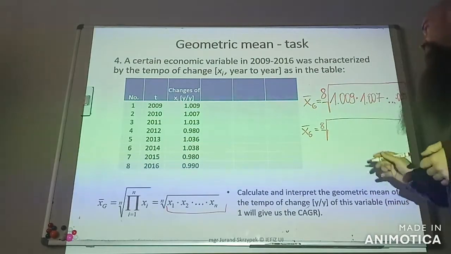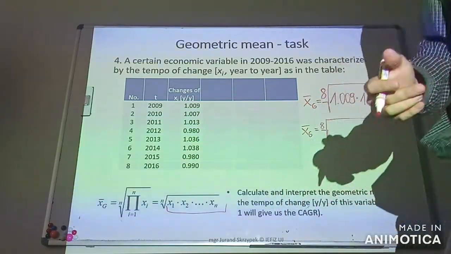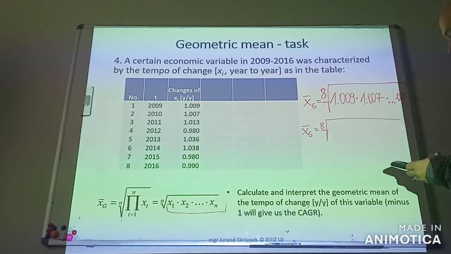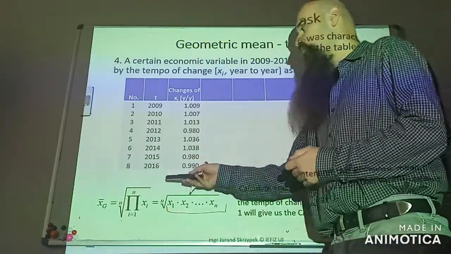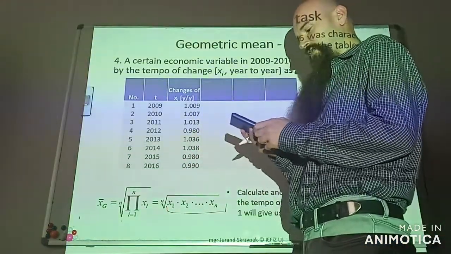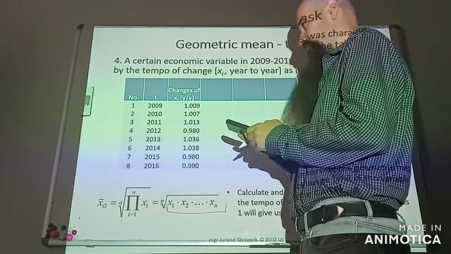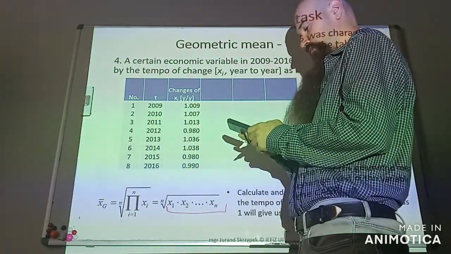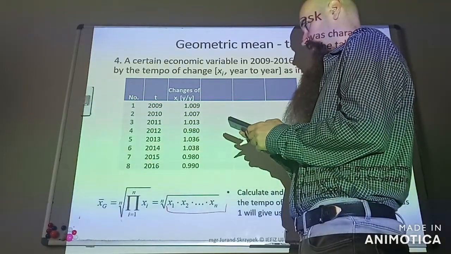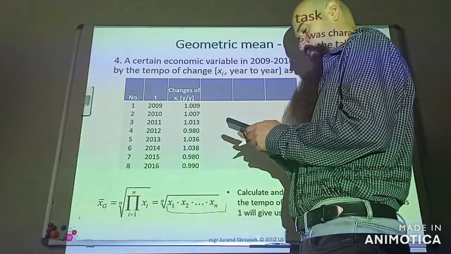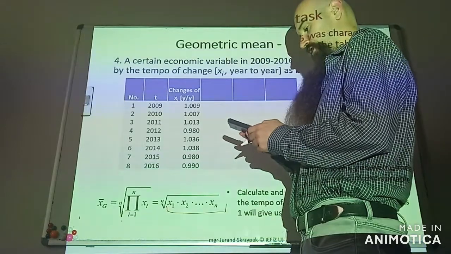Okay, so now we take a calculator and we multiply all the values. 1.009 multiplied by 1.007 multiplied by 1.013, and so on.